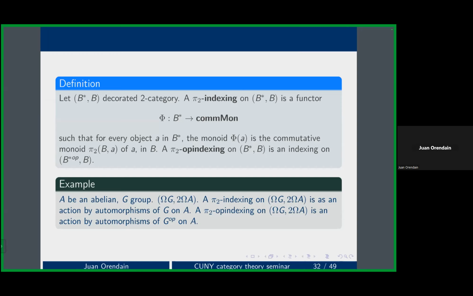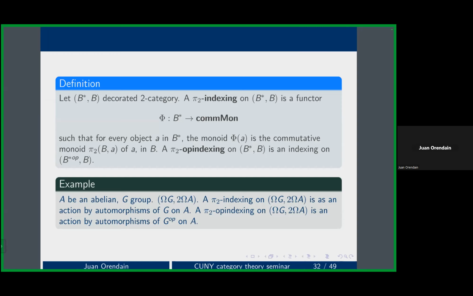So, for example, if you have A an abelian group and G a group, then you can associate to that a decorated bicategory. So omega G would be the looping groupoid of G, the category with a single object and G as its group of morphisms.